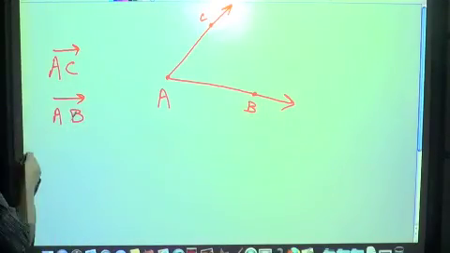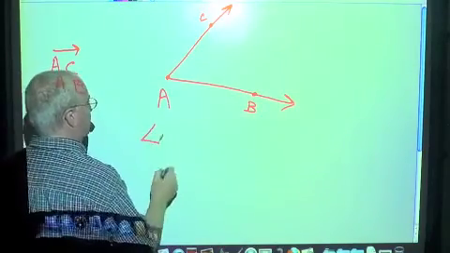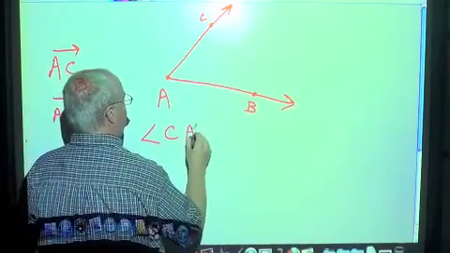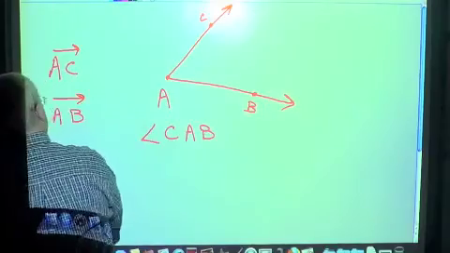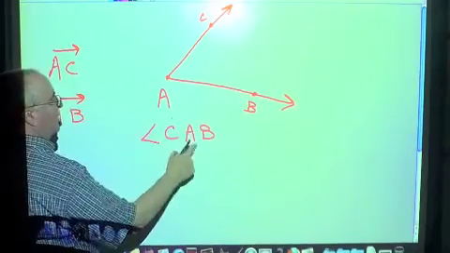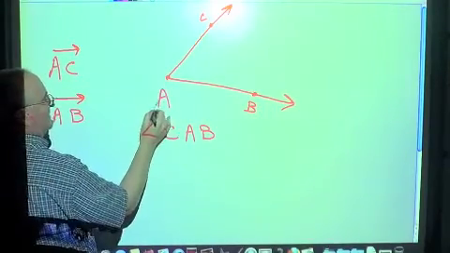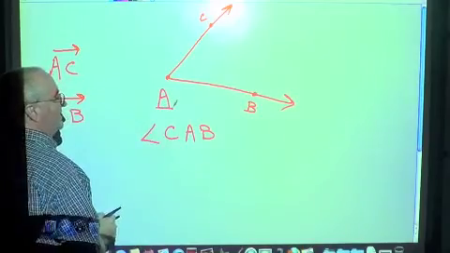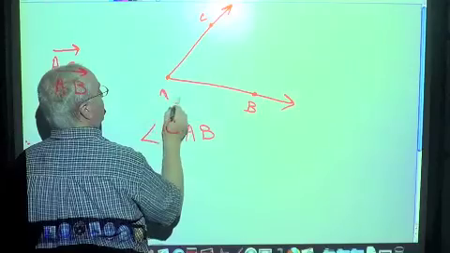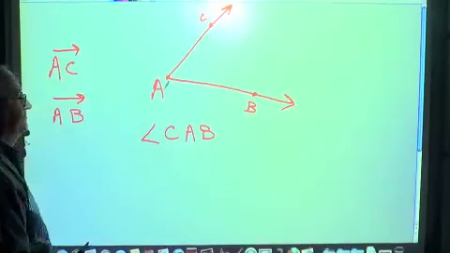These two rays together form an angle, and here's what we call it: angle, start on one end, C, A, B. Notice that the center is always in the center. The endpoint of the rays, A is the endpoint, is always in the center of the name.